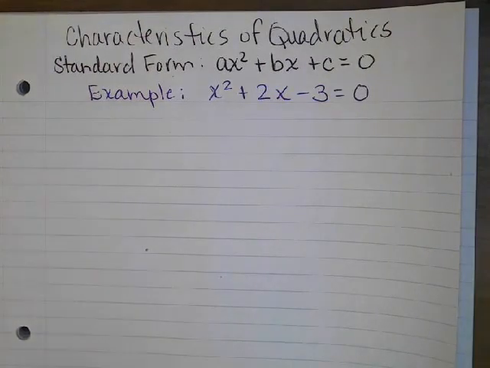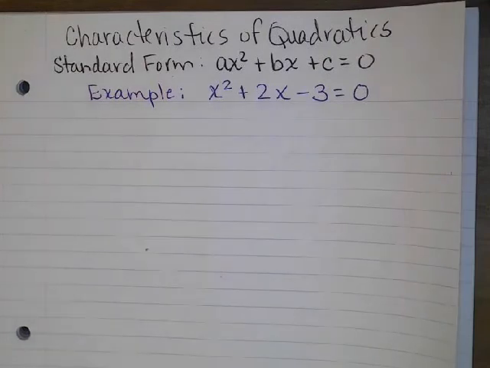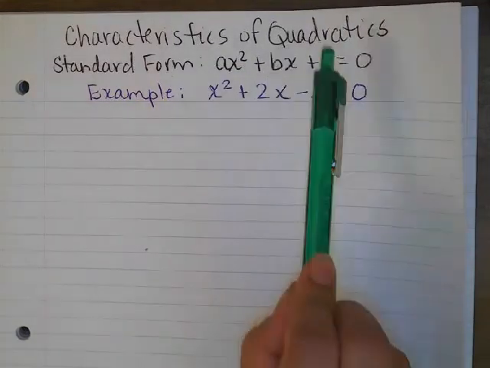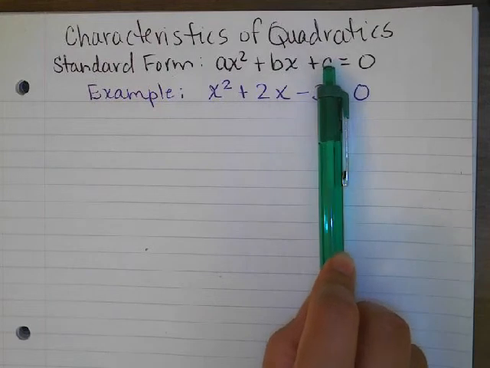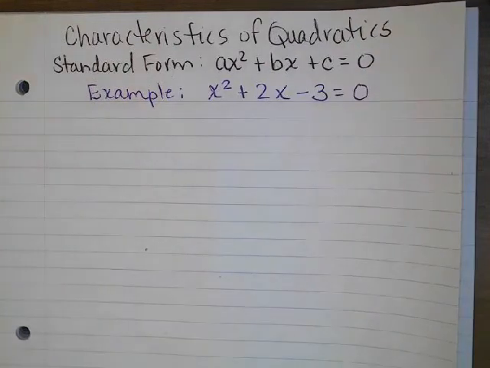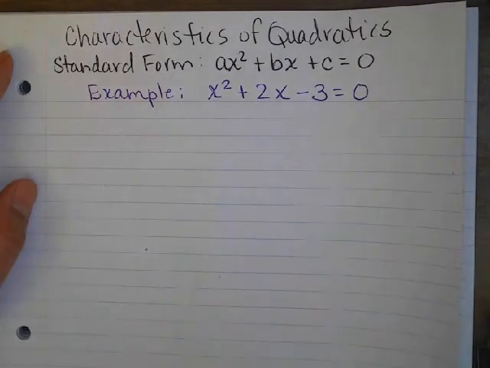So what you want to do when you get a quadratic like that is identify what value is the a, what value is the b, and what value is the c. Okay, because all of those numbers play an important role in getting important information about your quadratics. So that's the first thing we want to do.